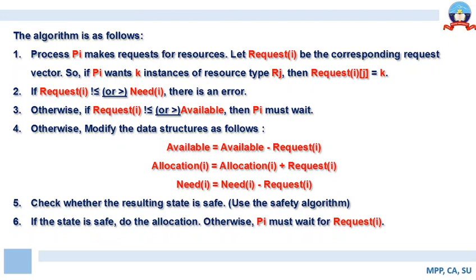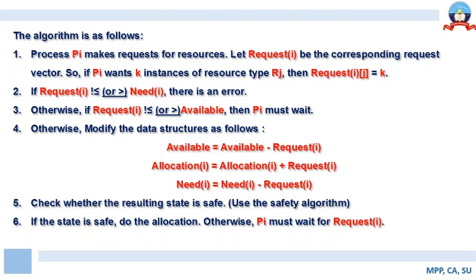Once these steps are performed, we need to check whether the system enters into a safe state. Only if the system enters into a safe state is the allocation proceeded with. Otherwise the process has to wait until the request can be catered to. This is a very important step that the Banker's algorithm performs. It checks whether the resulting state is safe or not.